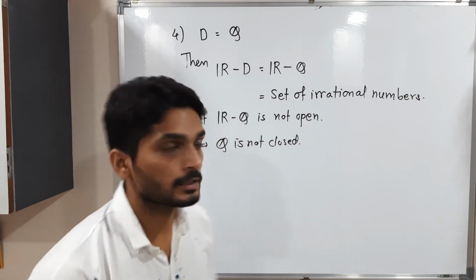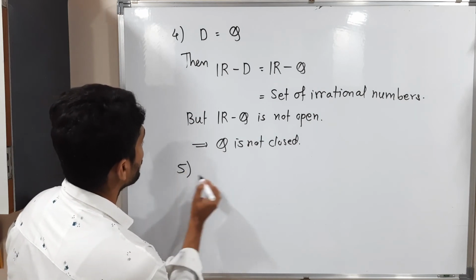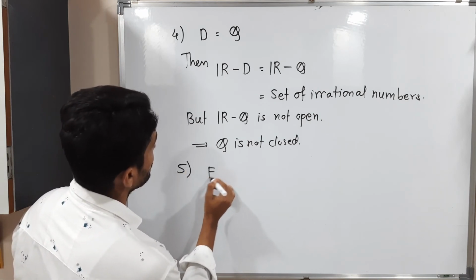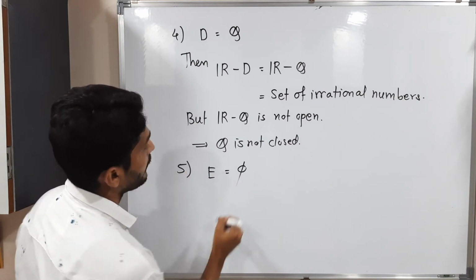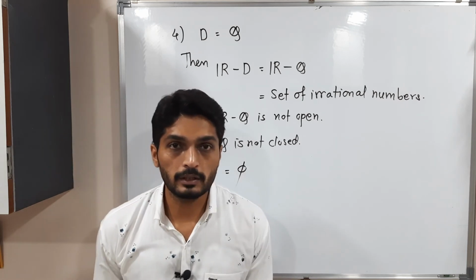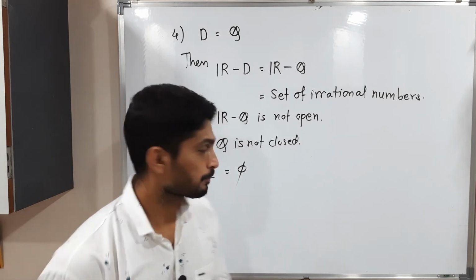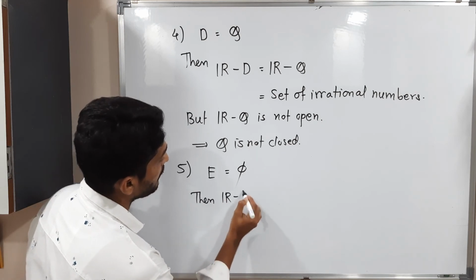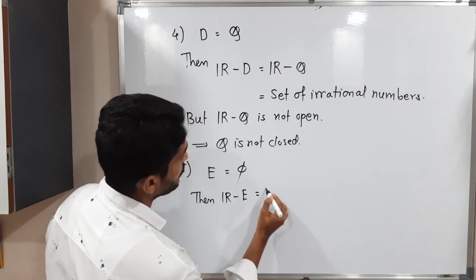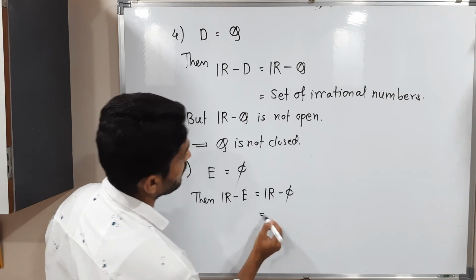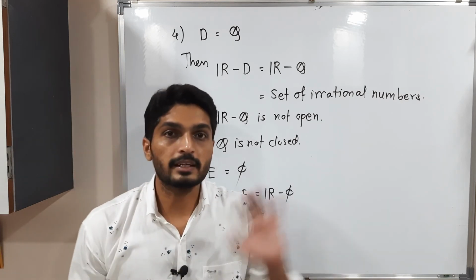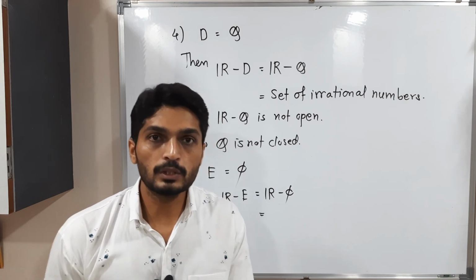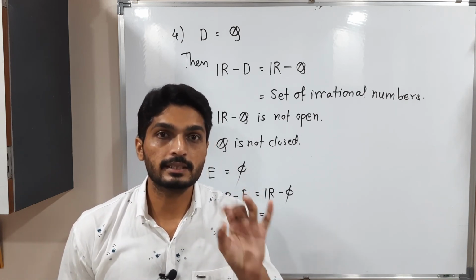Getting? So let us discuss one more example. Fifth example, the empty set. We have to check whether it is closed or not. Then I will find its complement, R minus the empty set. If you remove the empty set from any set, you will have the original set, just like 0. The empty set is just like a 0.